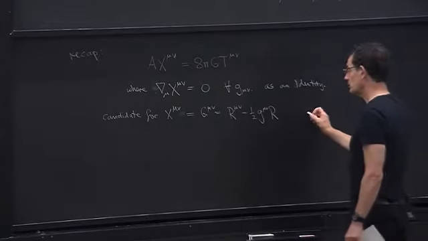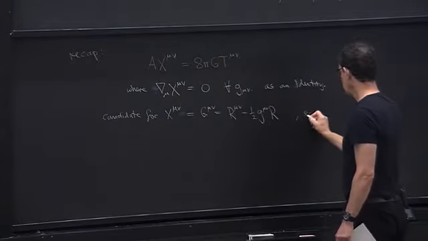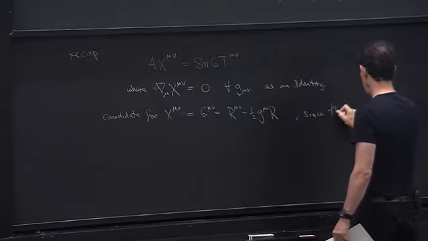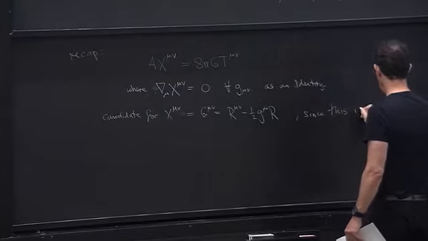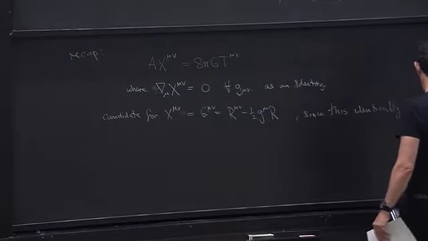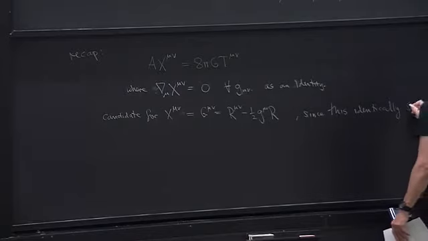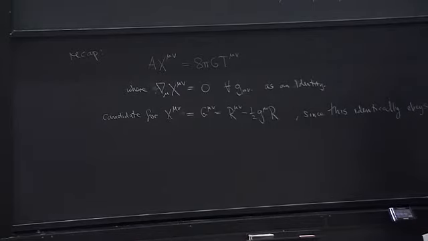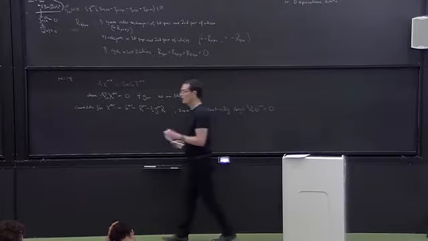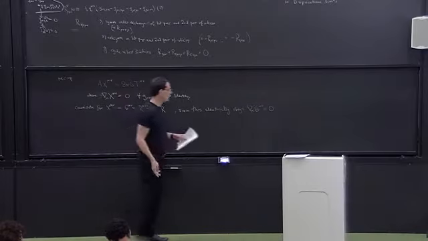And the reason is that this identically obeys del mu G mu nu equals 0. Okay, and that was a consequence of the Bianchi identity.